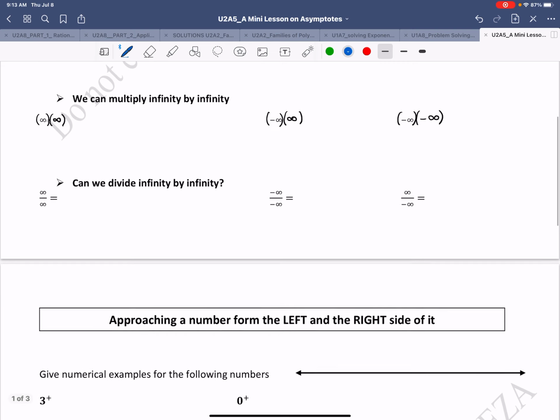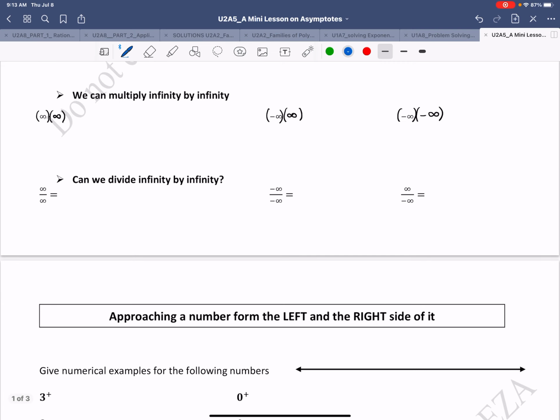Now, moving on to multiplication and division with infinity. So the question now becomes, can infinity multiply infinity? Think about it. If you have infinity multiplied by an increasingly large number, it's logical to say that we're going to get an extremely large number because it's multiplication, right?